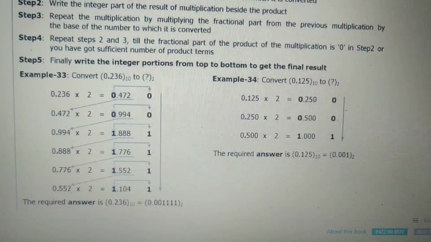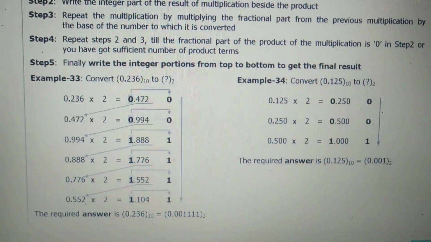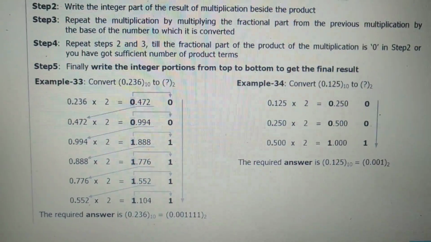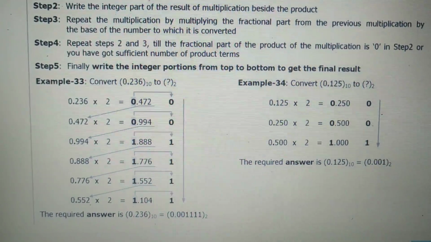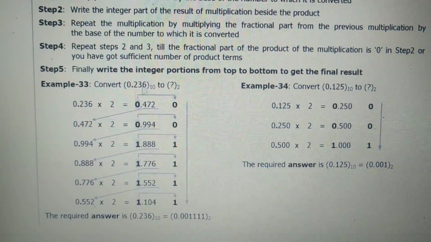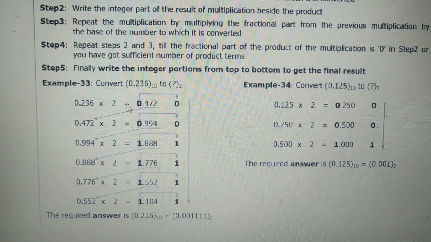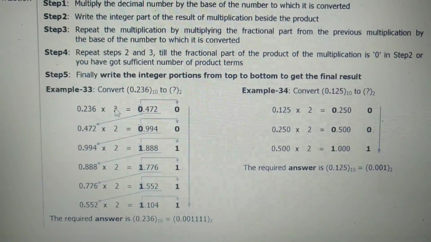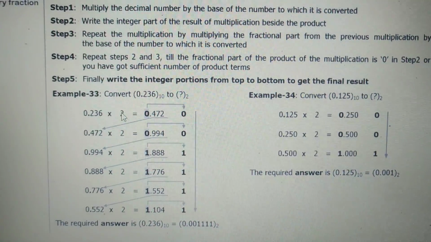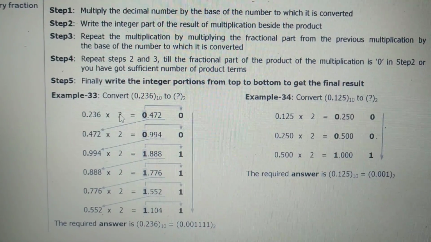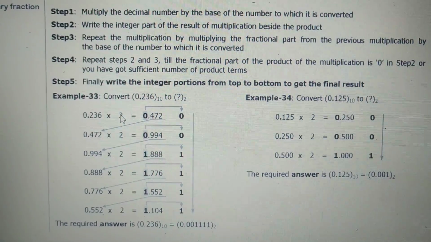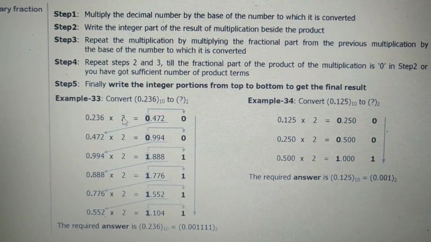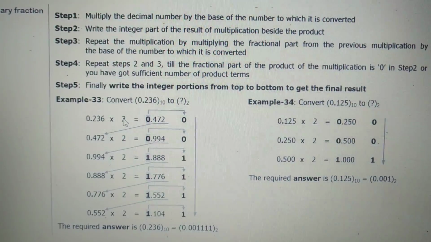Now we are moving to the example part. One example is 0.236 in base 10, which we have to convert into base 2. First, the given number you have to multiply with 2. One more time I am saying that a question may come like 6.023. Then 6 you will divide by 2 in the normal division format, and 0.02 or 0.03 you will follow this method.